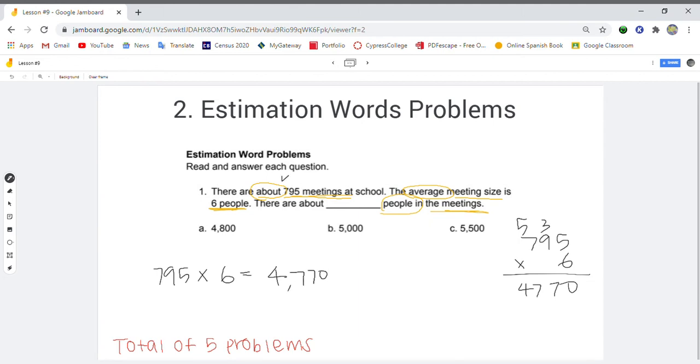Since this is an estimation, as implied by about and average and the title, these answers will just be estimates. Which answer choice is the closest to 4,770? Well, that's A, 4,800. So your answer will be A.